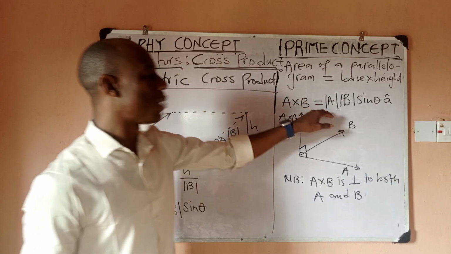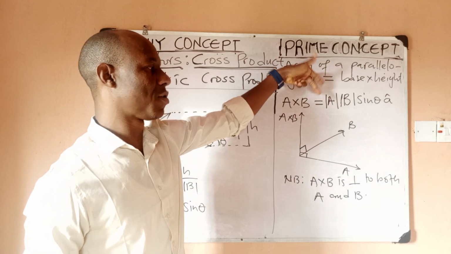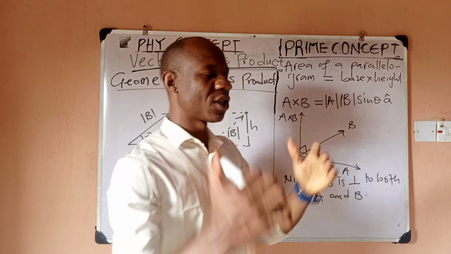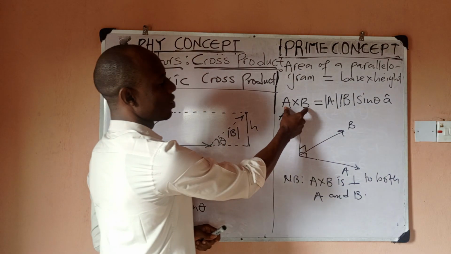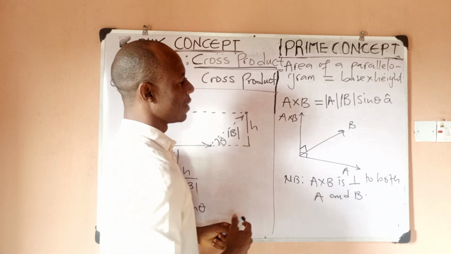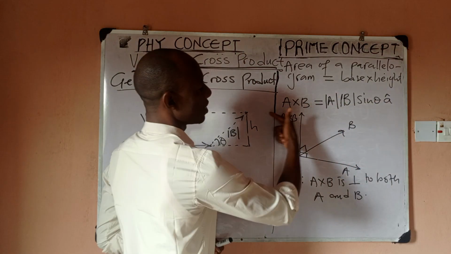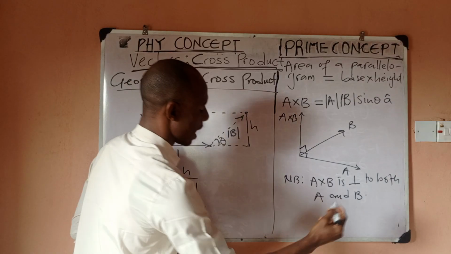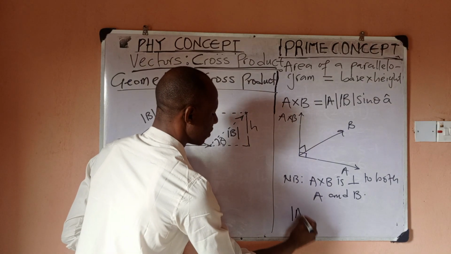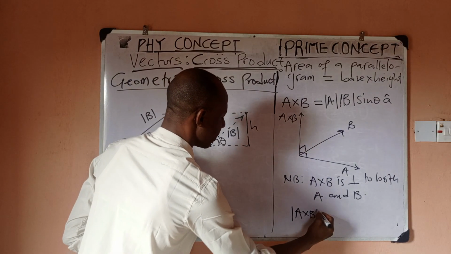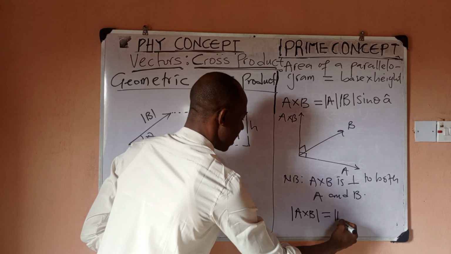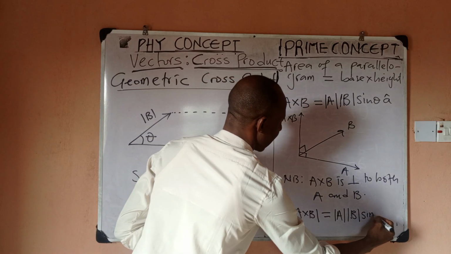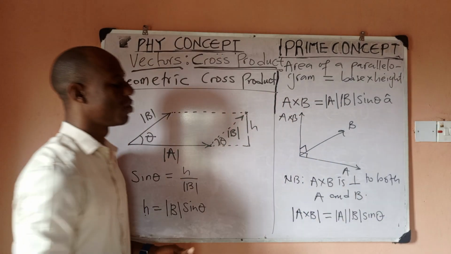Now, this is the formula which we may not be using in this form because we don't always want to find direction. So most of the time what we want to get is the magnitude of A cross B. So if I take the magnitude of both sides, I'll then have that the magnitude of A cross B would be equal to the magnitude of A, the magnitude of B sine theta. So this is what we'll be using.